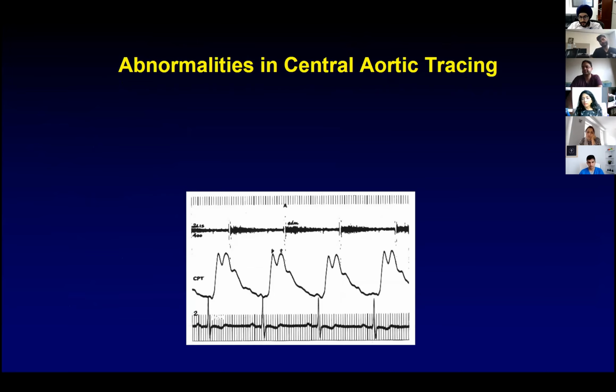Some abnormalities that you can see in the central aortic pressure tracing. Here you can see that there are 2 notches in systole. This is called pulsus bisferiens. Right? What do we see this in?